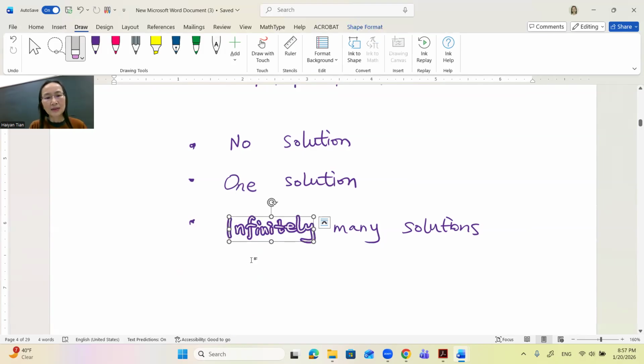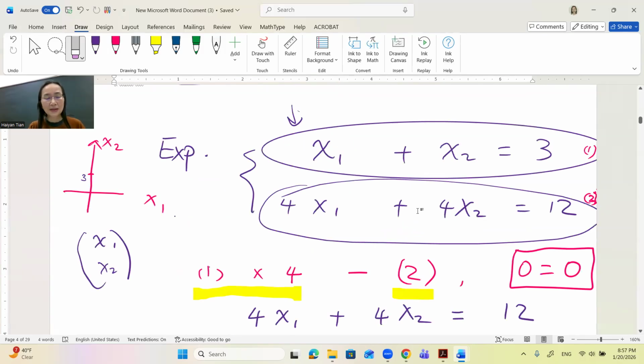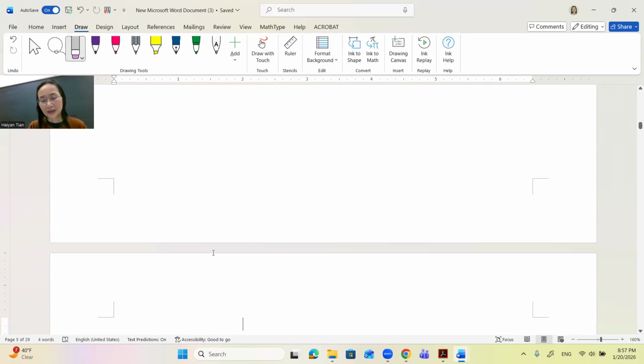And it's also possible there are infinitely many solutions. In the case of two equations, if the two equations represent the same line, then every point on the line will be a solution because they satisfy both equations.